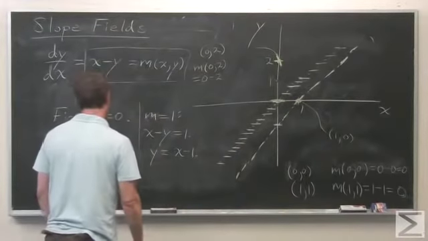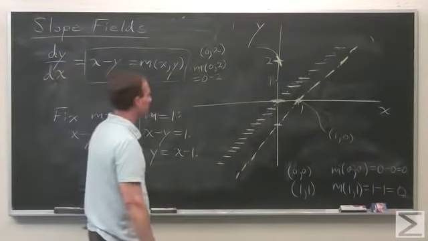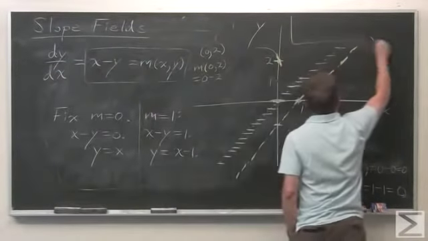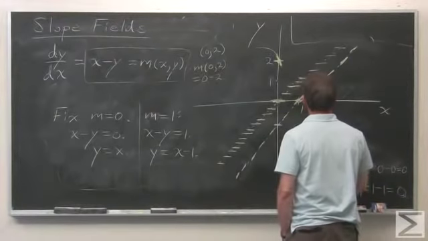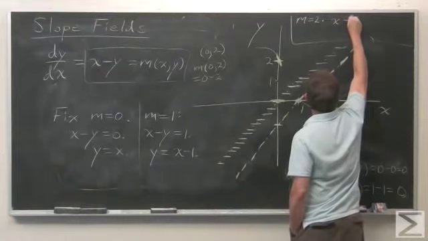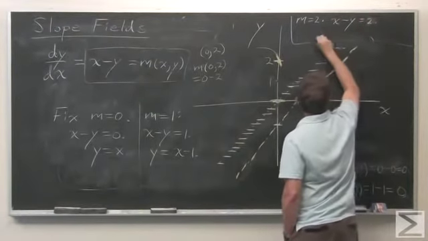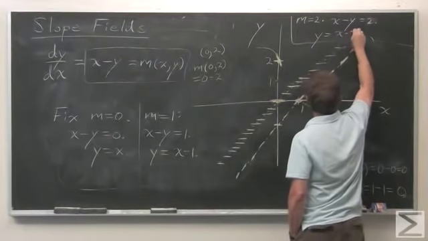Let's do one more. When m is 2, we would have x minus y equals 2. So that's y equals x minus 2.